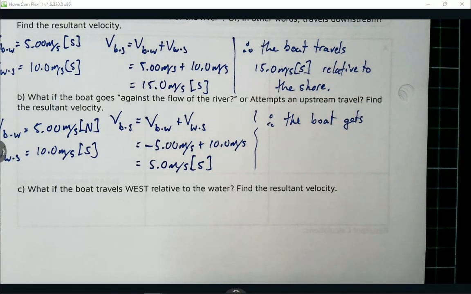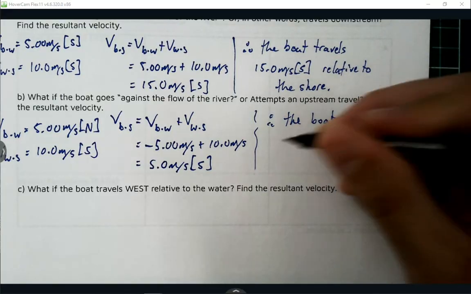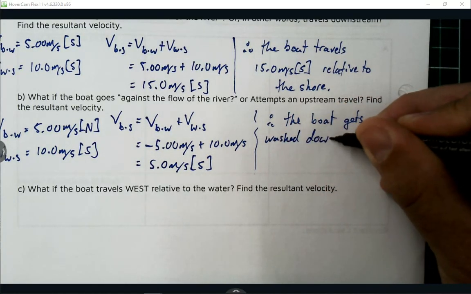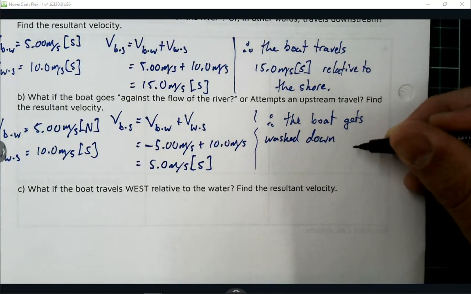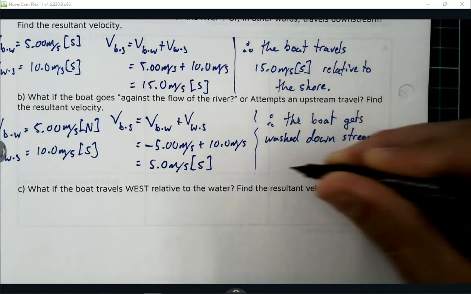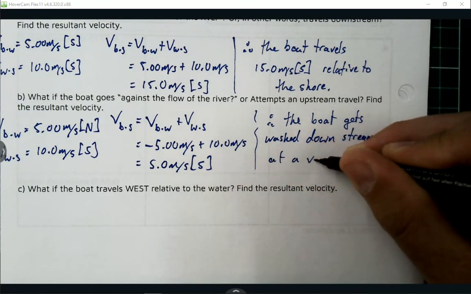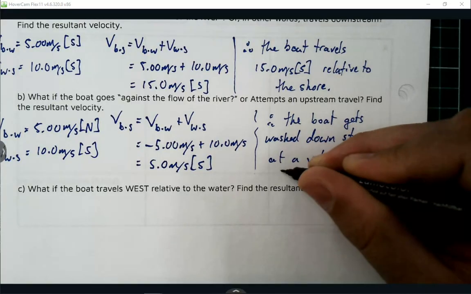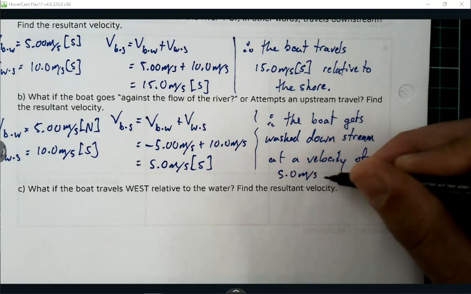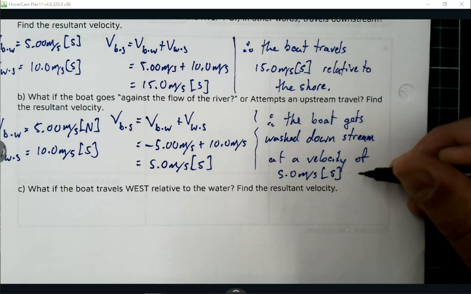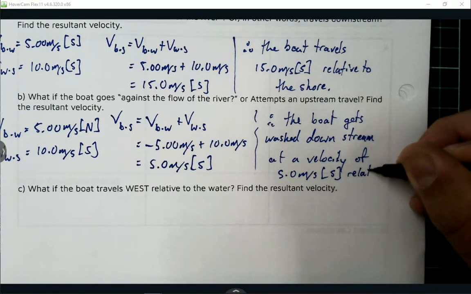I'm trying to use my slang here so that we all know what it means. Downstream means in the same direction that the stream is flowing in, at a velocity of 5.0 meters per second south. And I could even throw in this extra little bit: relative to the shore.